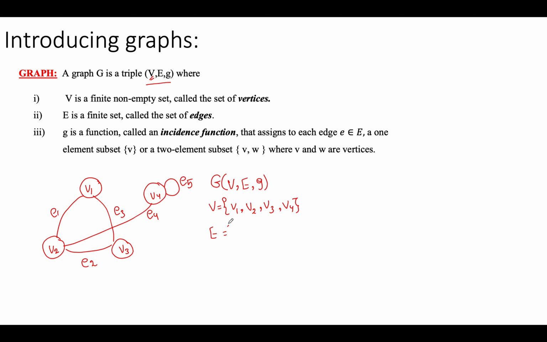Edges in this graph are E1, E2, E3, E4, and E5. And we come to the incidence function. The incidence function should show which edge is connecting which vertices. For example, G of edge 1 is equal to the two vertices or the endpoint vertices, which are V1 and V2.